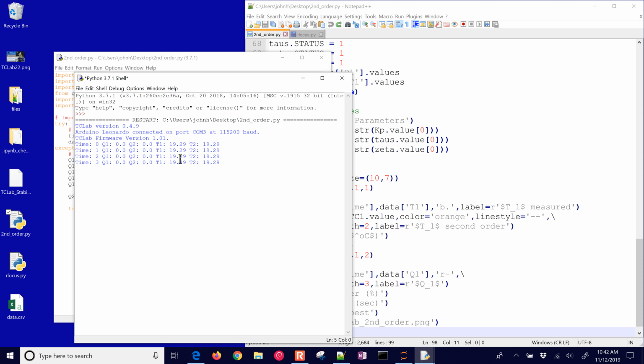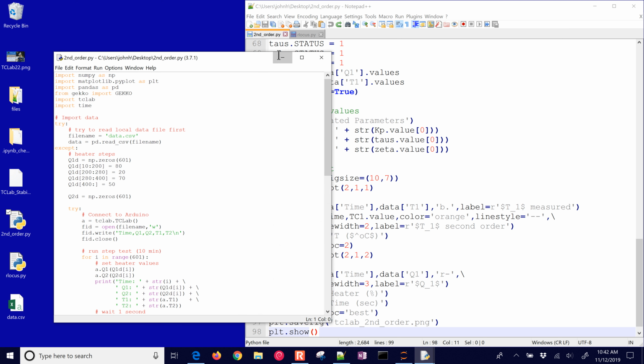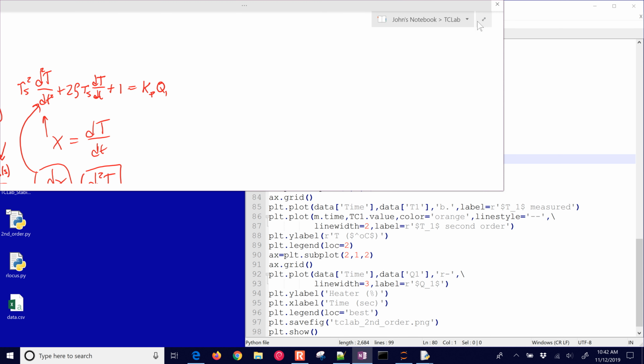It starts at about 19 degrees Celsius, and there you can see the Q1 value is going to turn on after a little bit. There you can see it's turned on to 80, and then it'll just collect that data, and then we'll be able to analyze it in about 10 minutes. Let me minimize this as it's going through. We'll continue on and just work through some other parts of this.